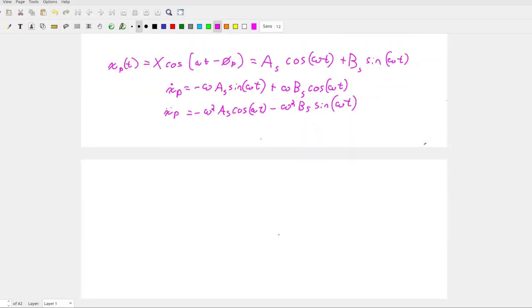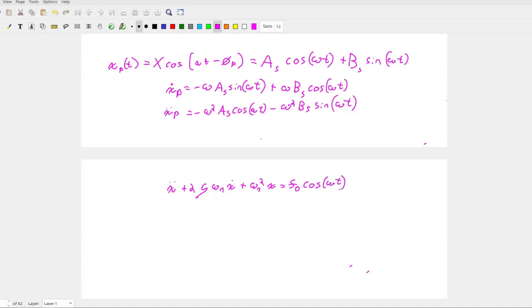So again, what I'm starting with here in my standard form is x double dot plus 2 zeta omega n x dot plus omega n squared x equals f naught cosine of omega t.